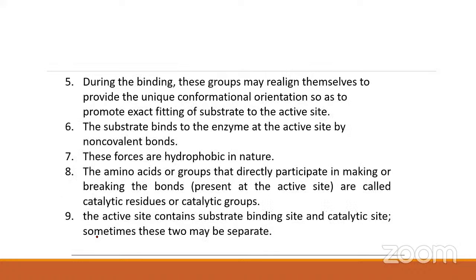Sometimes when a substrate binds to the active site, it induces a conformational change at the active site so that the substrate can bind correctly. It binds to the active site by non-covalent bonds.